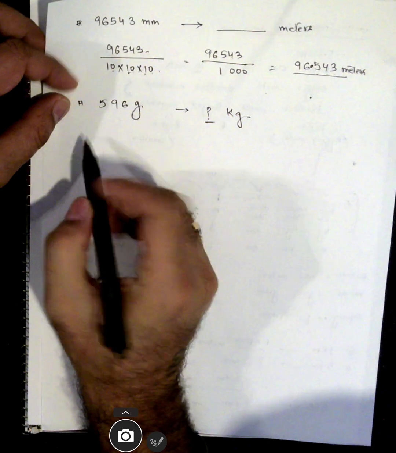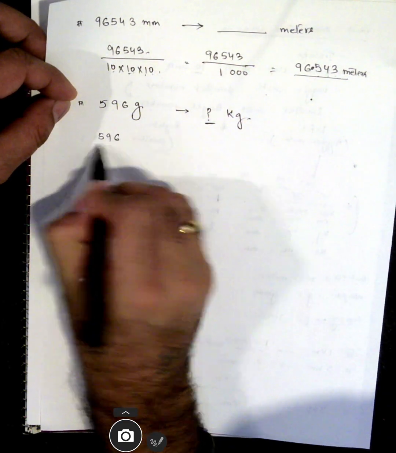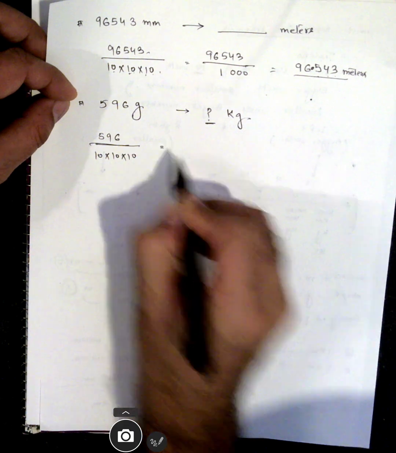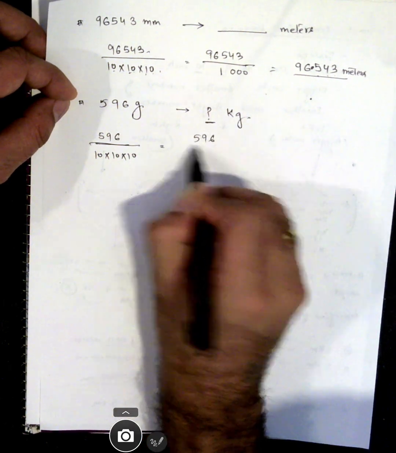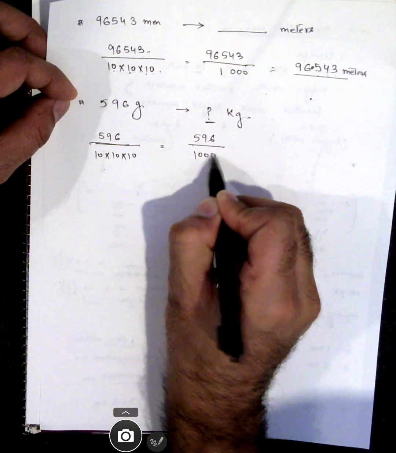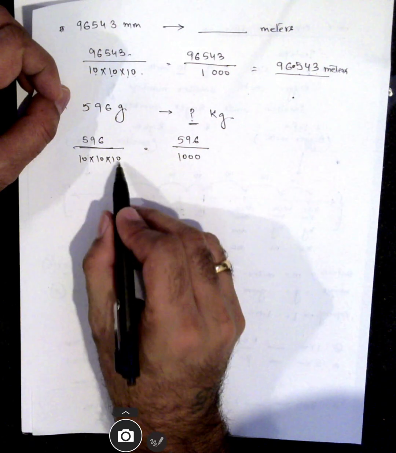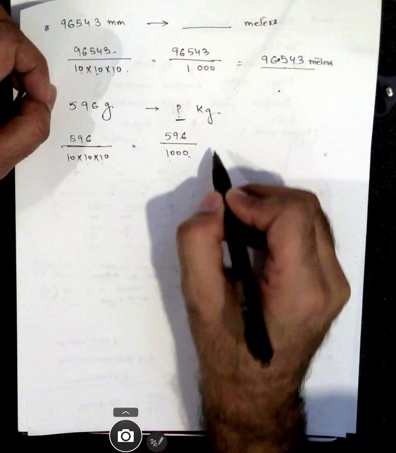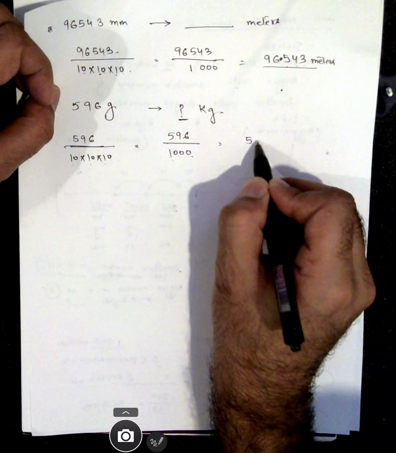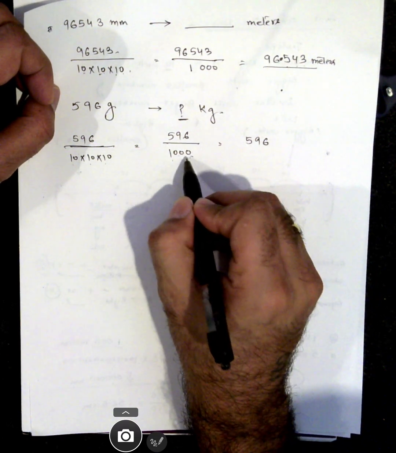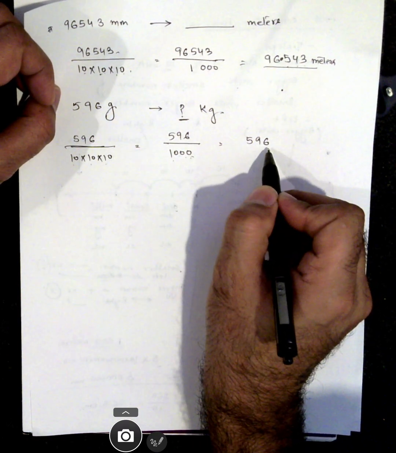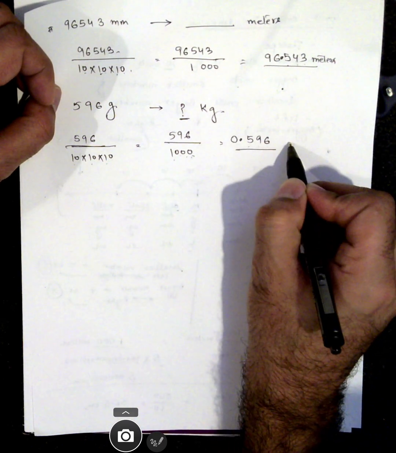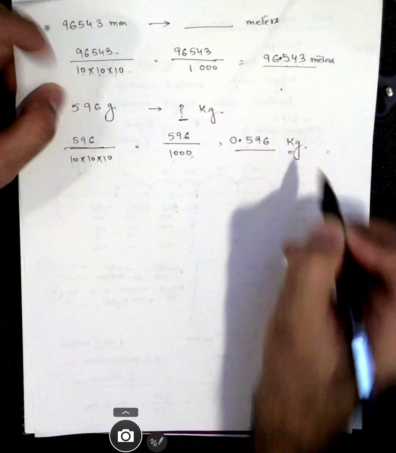So let's divide it by 3 multiples of tens. When I simplified, I have 0, 0, 0, 3 zeros, and 1 times 1 means 1. And eventually I'm going to write my number as it is, count the zeros, 3 zeros, and count the digits from the right, 1, 2, 3, and place my decimal. That's it. So these many kilograms.